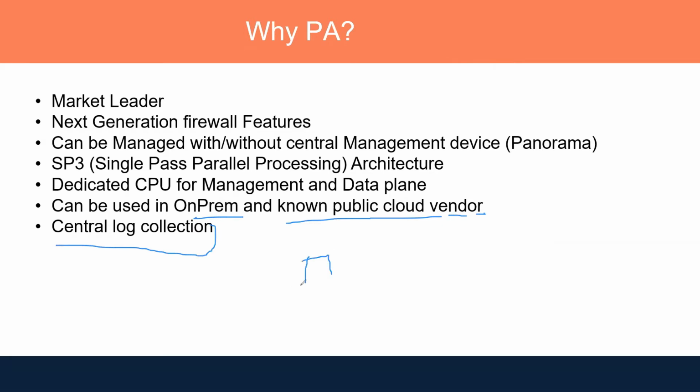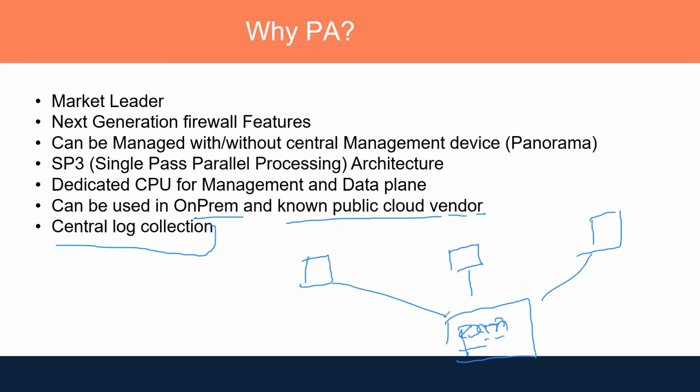That means all the devices can send the logs to a central log server, which is nothing but Panorama. All the devices you can integrate with Panorama, and they can send the logs to it. So Panorama is one of the devices which would be collecting centralized logs and storing the central policy, through which you can install the policy on each gateway, and you can manage the gateway itself.